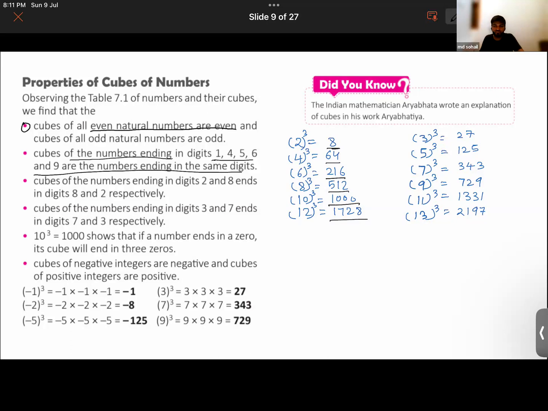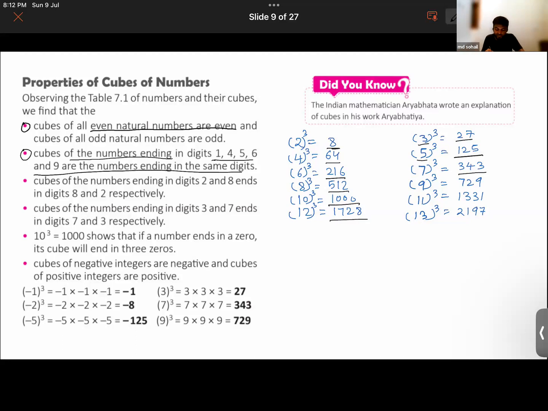While for the odd numbers 3, 5, 7, 9, 11, and 13, their cubes are odd: 27, 125, 343. So cubes of even numbers are even and cubes of odd numbers are odd.